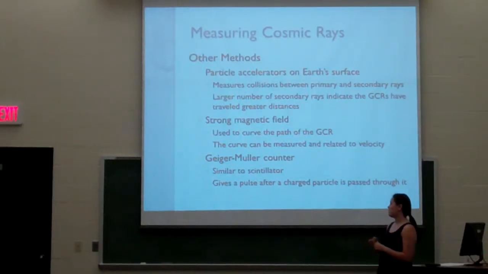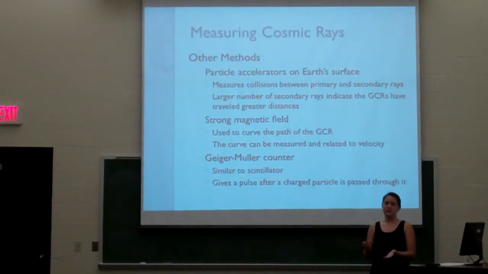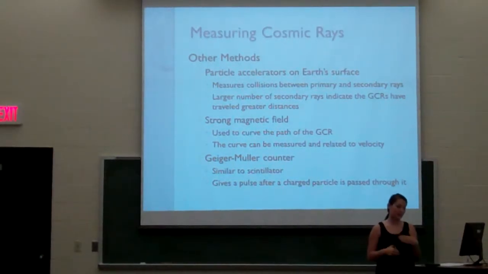They have also used a very strong magnetic field to curve the path of the GCR, and the curve can then be measured and related to velocity. Because I didn't study all the integrals involved with measuring them, I'm not exactly sure how they relate them, but I know that they can use that method.